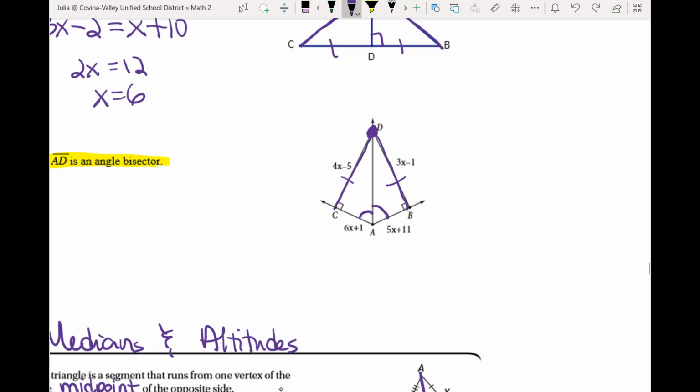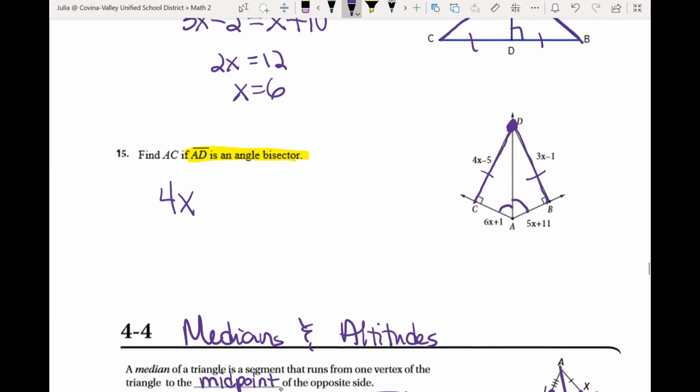It only talks about the segments that are inside the angle bisector. So you would make 4x minus 5 equal to 3x plus 1. Be careful about that. If they give you too much information, it's because they want to test that you can find the right angles. So x equals 4 and AC equals 4 times 4 minus 5. 16 minus 5, 11.